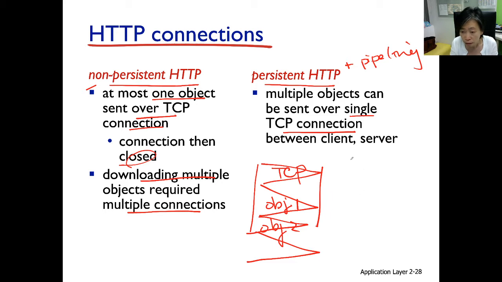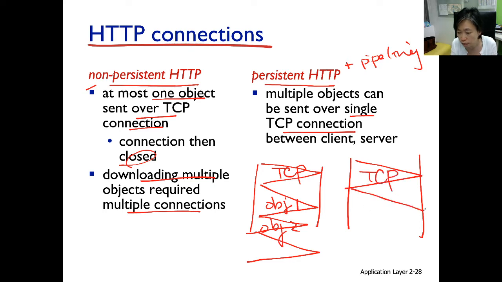Okay, but the thing is this: when we establish the TCP connection and send out the first request for object 1, really, before object 1 is transmitted back, you see, the client needs only this amount of time to send the request message, right? The client is immediately left idle right after that.